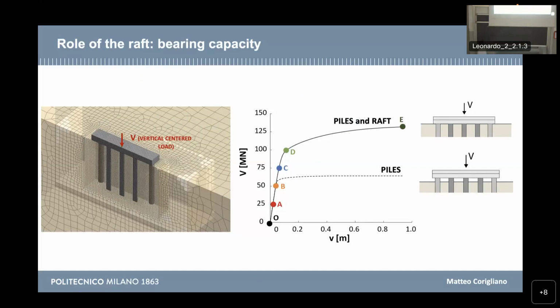There, at right, we see the pushover curve of the foundation subjected only to vertical load, and we see that if we do not consider the raft interacting with the soil, we obtain a certain bearing capacity of the foundation, while considering the coupling of the raft and the piles in the soil, so that the raft is interacting, the bearing capacity of the foundation doubles.